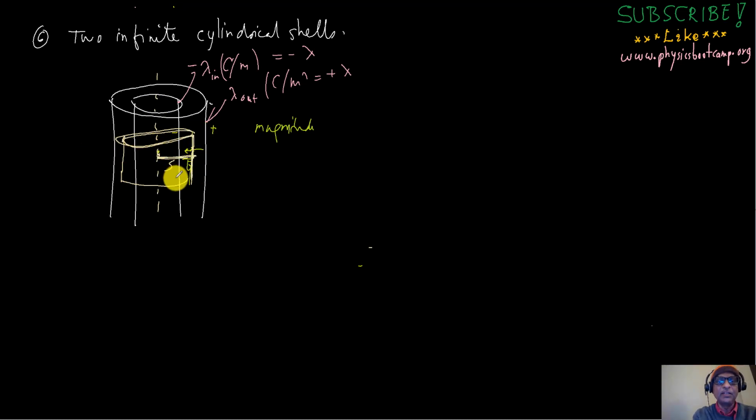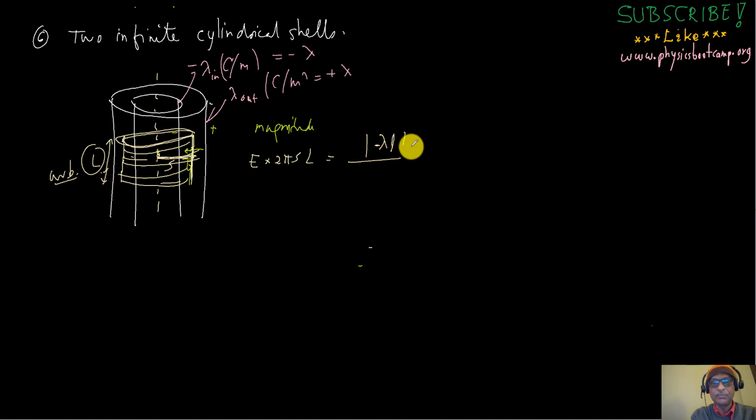So the flux through that surface is the electric field, in magnitude so everything will be positive, times 2 pi s times an arbitrary height L. This electric field magnitude, then minus lambda, the total charge enclosed is times L, so this is the charge enclosed inside, over epsilon naught.